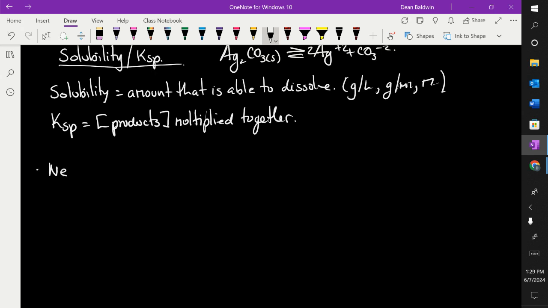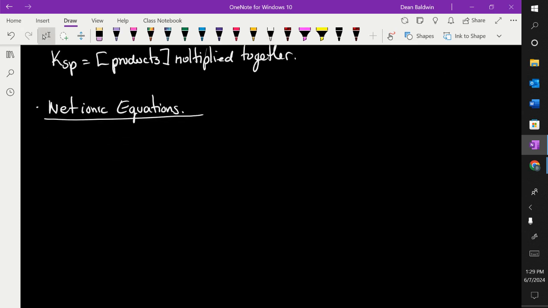Let's look at net ionic briefly. What are the products of this reaction?